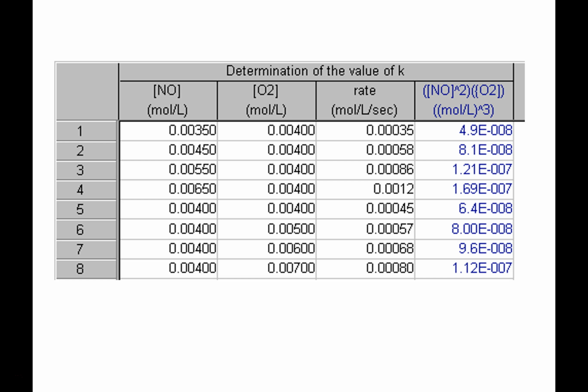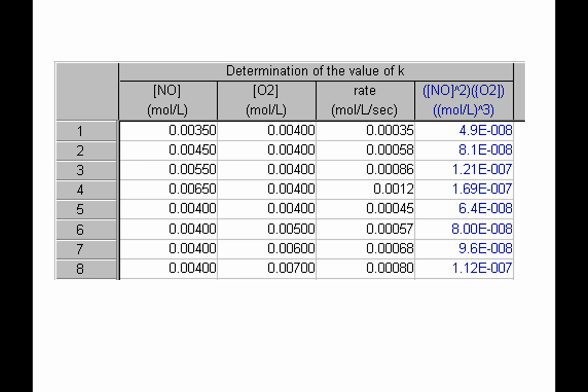So yeah, we're going to look at all 8 trials, and then rate is going to be just rate along the y-axis, like we said, and along the x-axis is going to be kind of the heart of the rate law expression. In this case, we're going to take the molar concentration of NO squared times the molar concentration of O2 raised to first power, because NO is second order and O2 is first order.